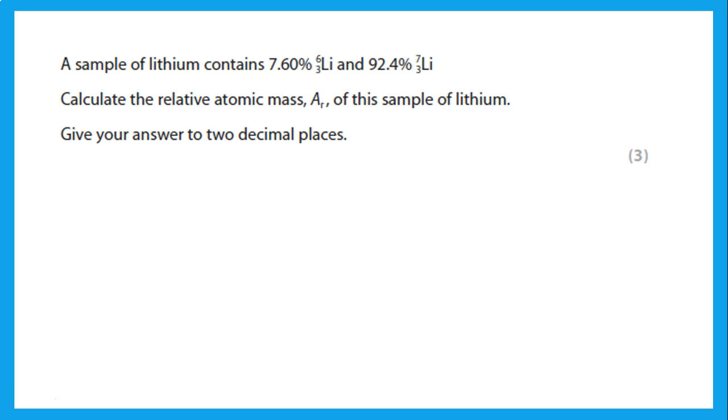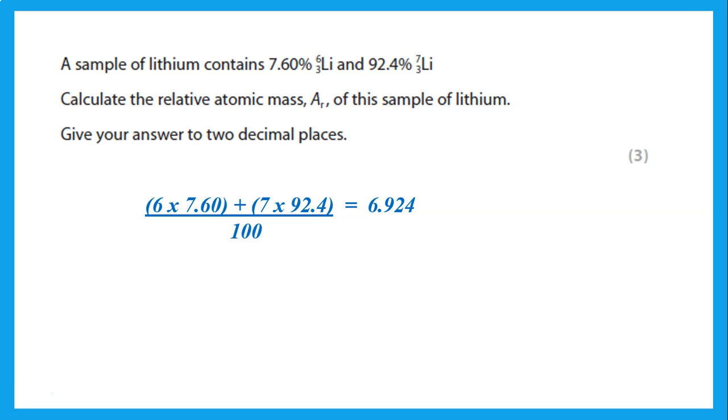Okay, another example. He says I have 7.6% of this and 92.4% of this. Calculate the relative atomic mass of lithium. Again, which one am I going to use, the 6 or the 3 on lithium? Remember, we're using the mass number, so it's the big number. So the first one has a mass number of 6 times its abundance, plus the other one has a mass number of 7 times its abundance over 100.